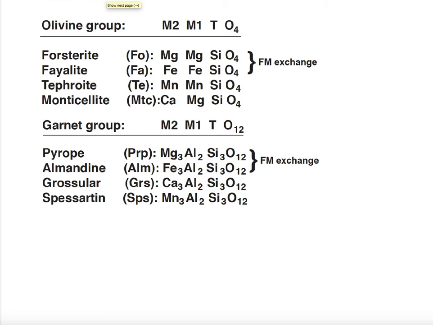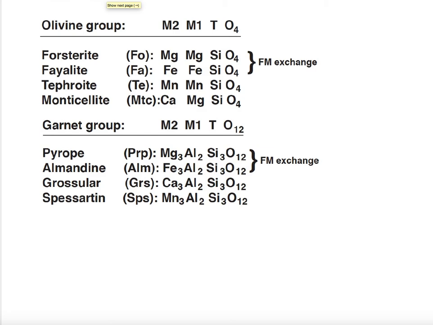So then we can do the next best thing. We are just making an Fe-Mg exchange, and the Fe-Mg exchange, that is the iron magnesium exchange. We are replacing magnesium with iron in the olivine structure, putting iron instead of the magnesium on the M1 and the M2 site.